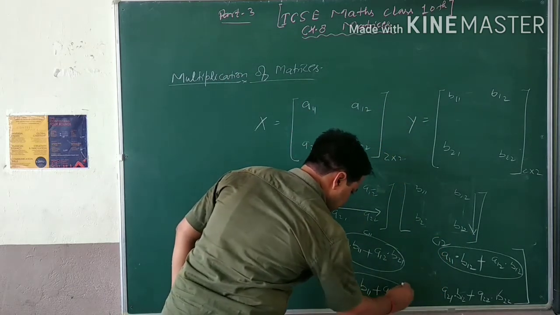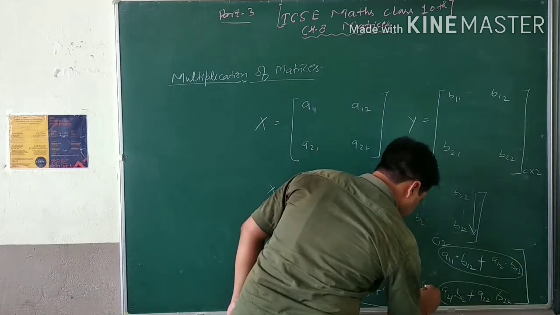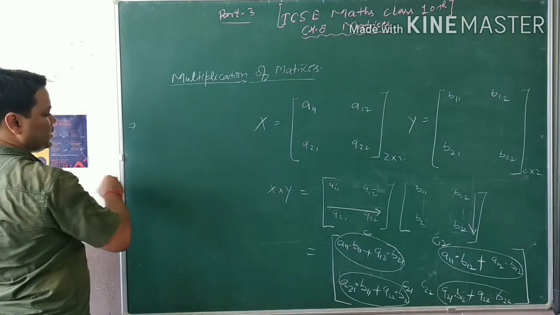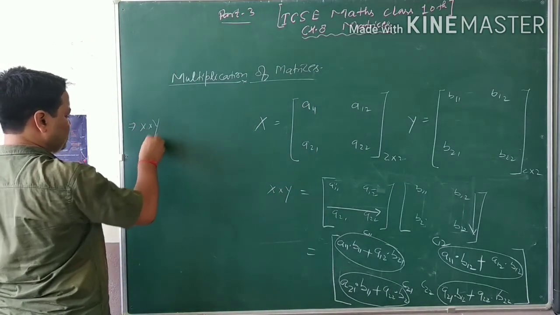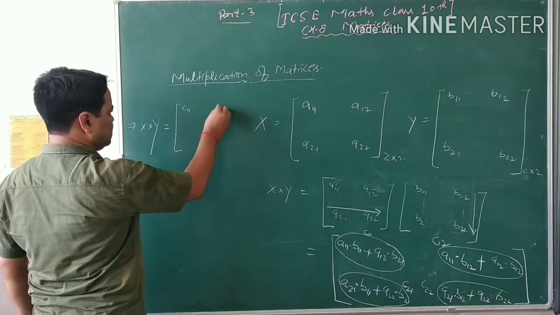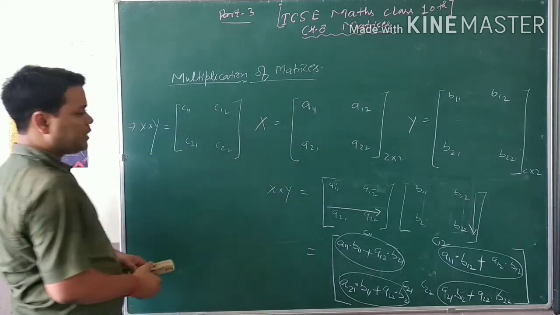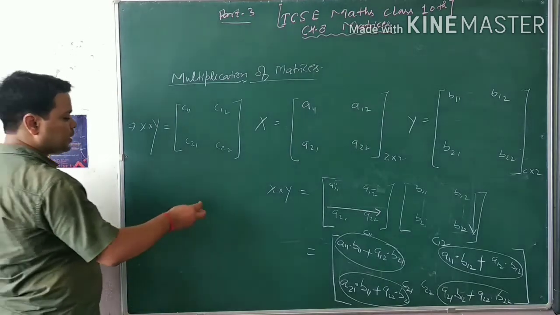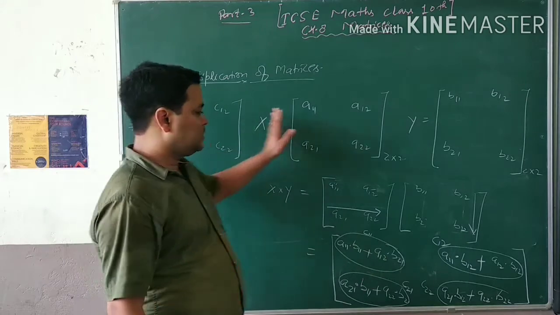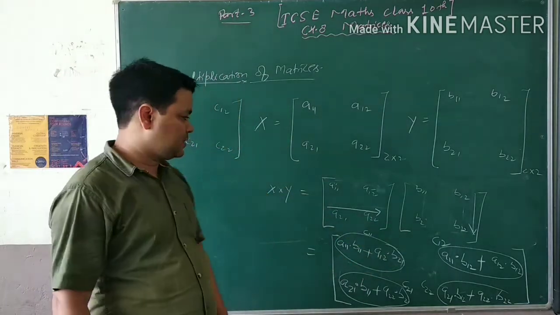Similarly, let this be C21, and this is C22. Therefore, X cross Y is equal to, in the form of C, we can write C11, C12, C21 and C22. Okay? Clear? Where, what is the value of C11? Addition of this. This is the process of multiplication of the two matrices.